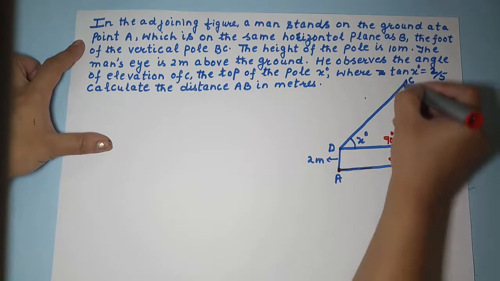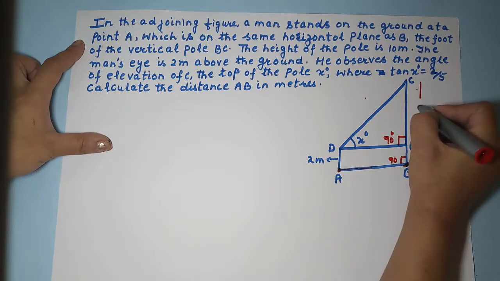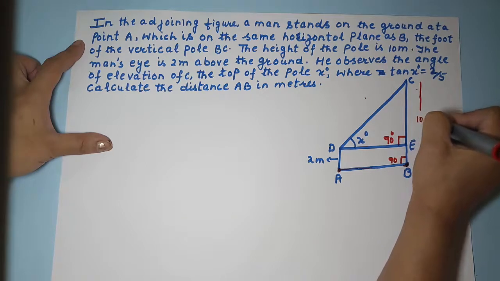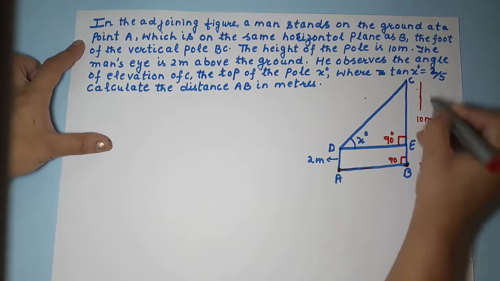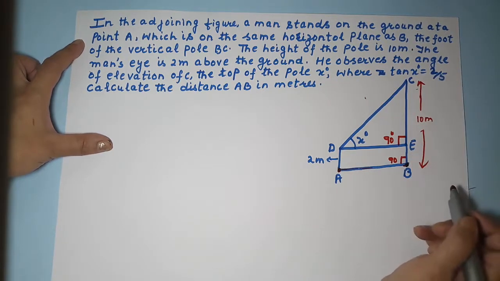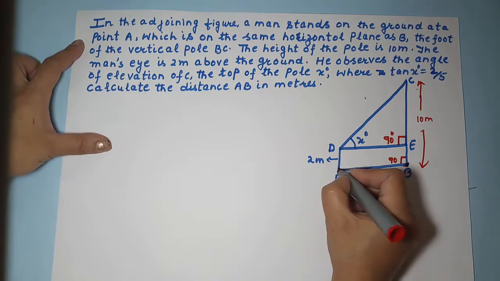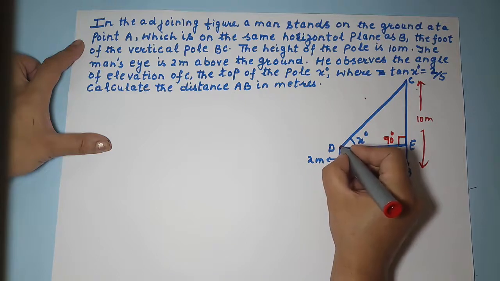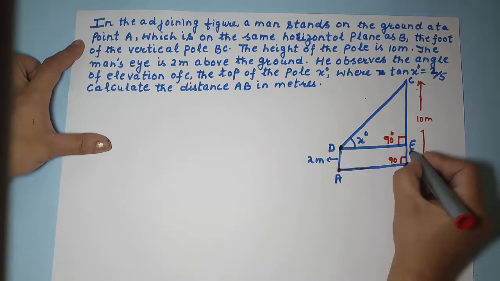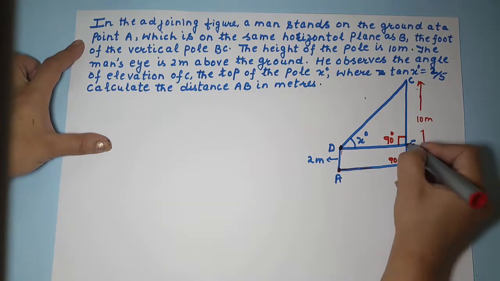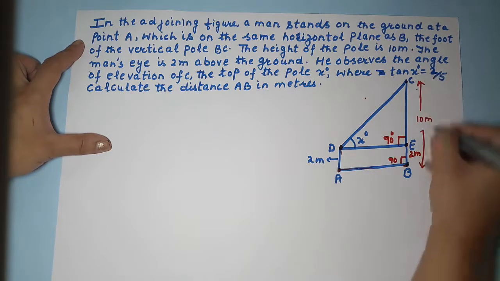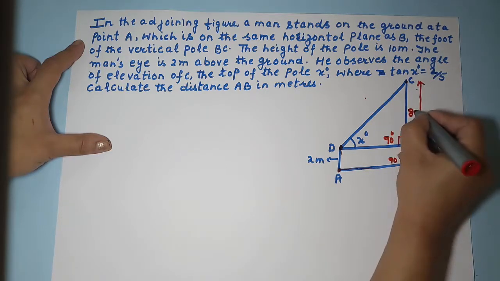Now the height of this entire pole is 10 meters, it's given. And the man's eye is 2 meters above the ground. So this will also be 2 meters. Then this distance will be 10 minus 2, that means 8 meters.